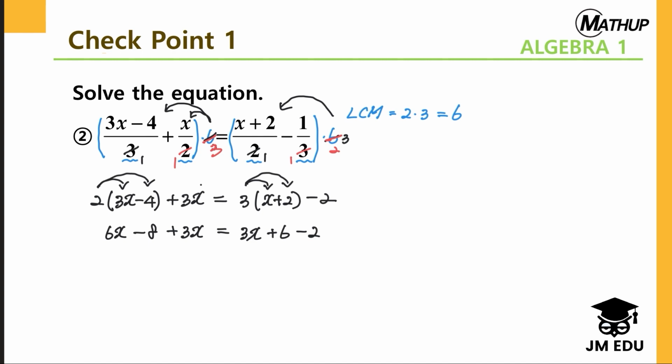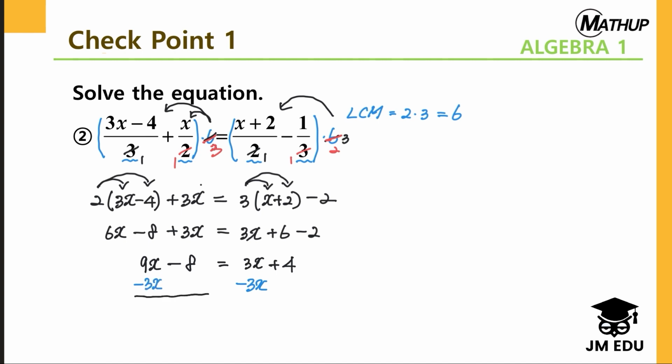Now we have to simplify the like terms. We have 2x terms on the left, 2 constants on the right. So 6x plus 3x, that's 9x. And we have minus 8, 3x plus 4. Now eliminate 3x. Minus 3x, minus 3x.